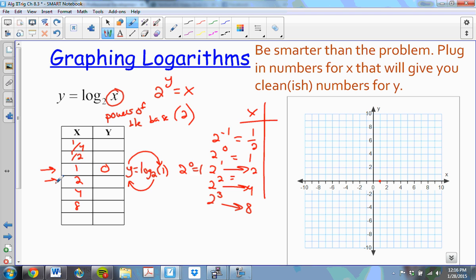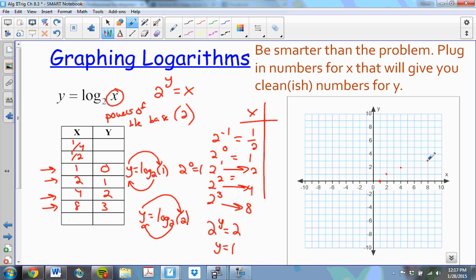I'm really doing y equals log base 2 of 2. And the question is, 2 to what power is 2? Well, obviously the y value must be 1. This is the point (2, 1). 2 to what power equals 4? 2. 2 to what power equals 8? 3. 2 to the third is 8, so the points (4, 2) and (8, 3).